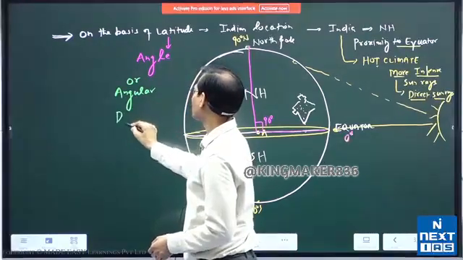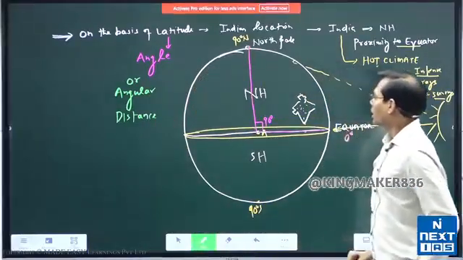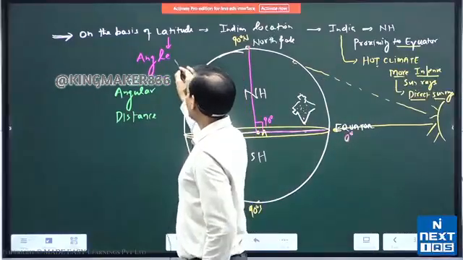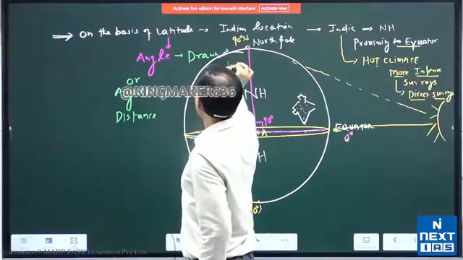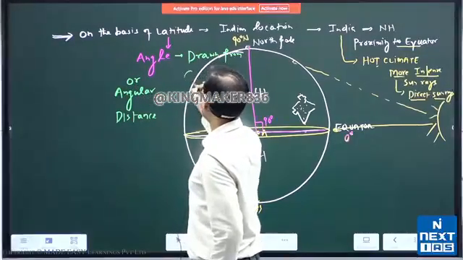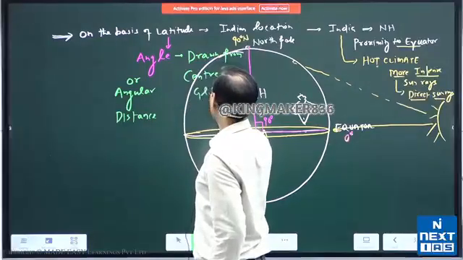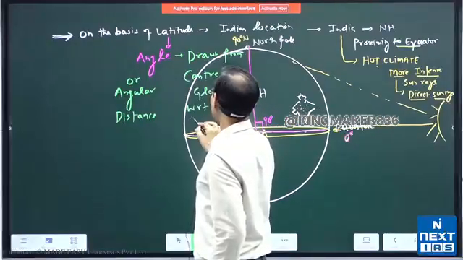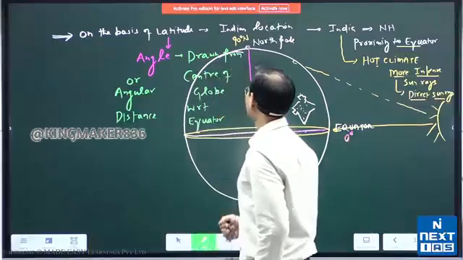And this angle is drawn from which area? Periphery or center of the globe? From the center of the globe. With respect to which line? With respect to the equator. Equator के respect में we judge the latitude.